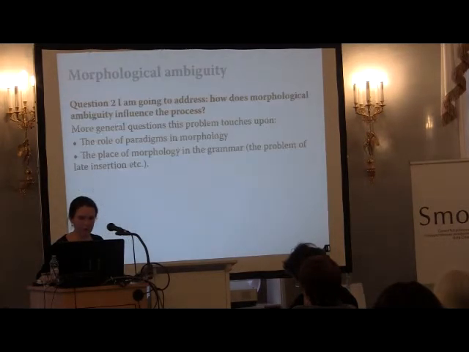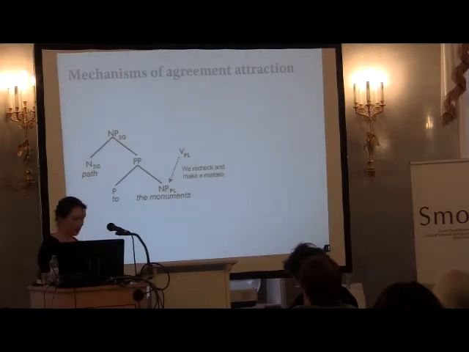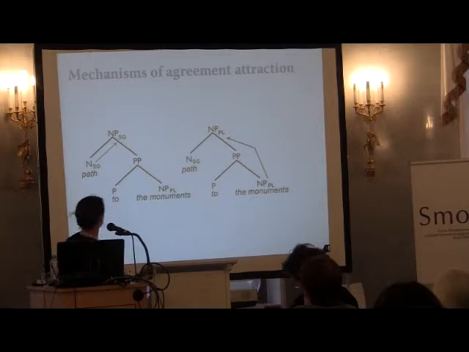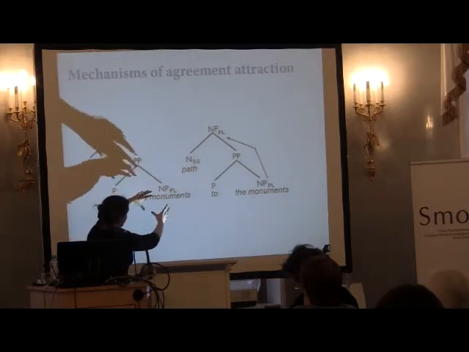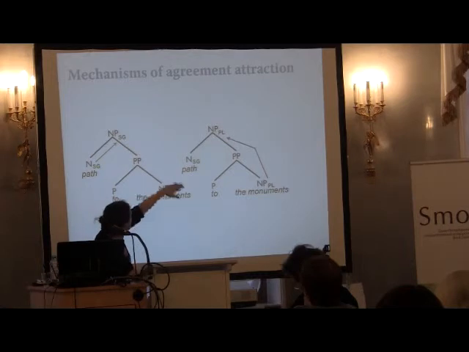And if we come back to different approaches to agreement attraction, for this approach it was crucial that this is a noun phrase and this is also a noun phrase, and that those features can percolate from a wrong head inside the noun phrase.